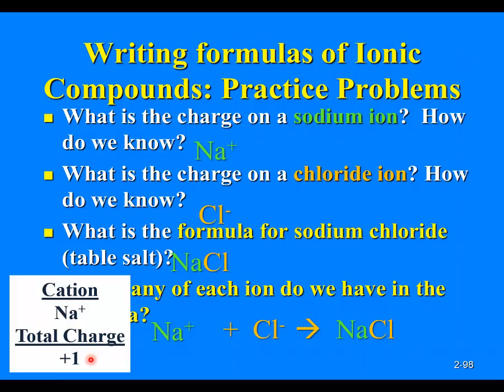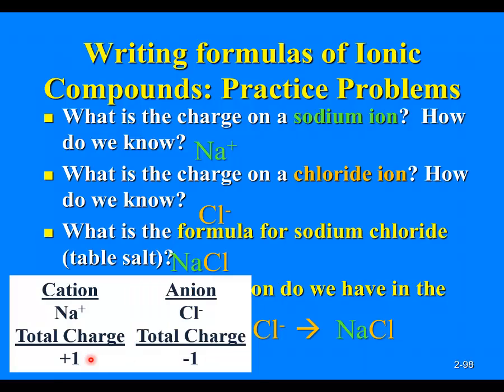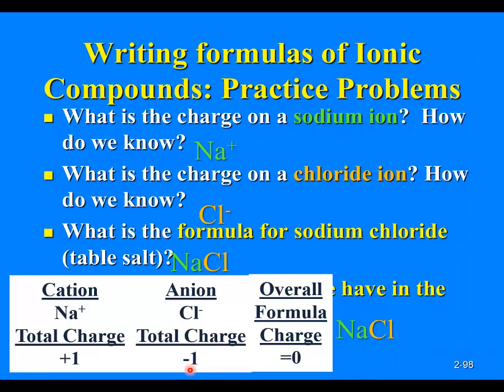Then I'm going to set up a second column to predict my anion charges. So my chloride ion is a -1 each. We're predicting we only need 1 in our formula, so that adds up to a -1 charge overall. And if you add up all the charges, we add up to 0. So the formula should have the total number of the cations and anions combined to add up to 0 charge overall, and then I don't bother showing a charge on the ionic compound formula.